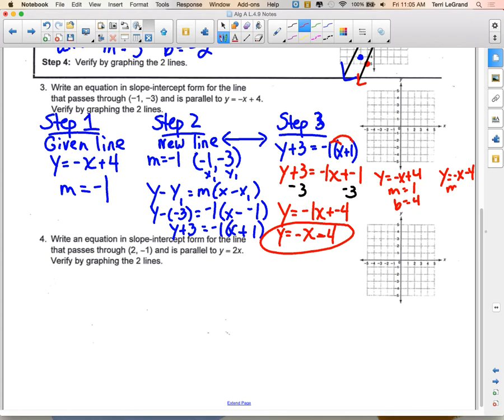This one we need a slope of negative 1 and a b value of negative 4. Let's go get those guys graphed. See if they are parallel. Make lots of points. Make more than 3. Make them till you're sick of making them.